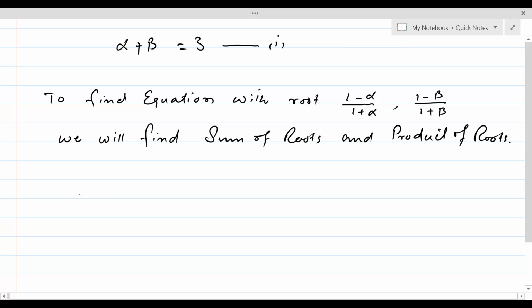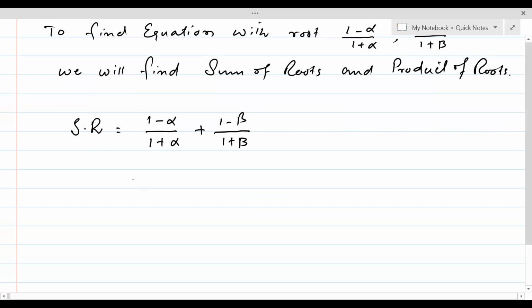So SR, sum of roots, will be equal to 1 minus alpha over 1 plus alpha plus 1 minus beta over 1 plus beta.